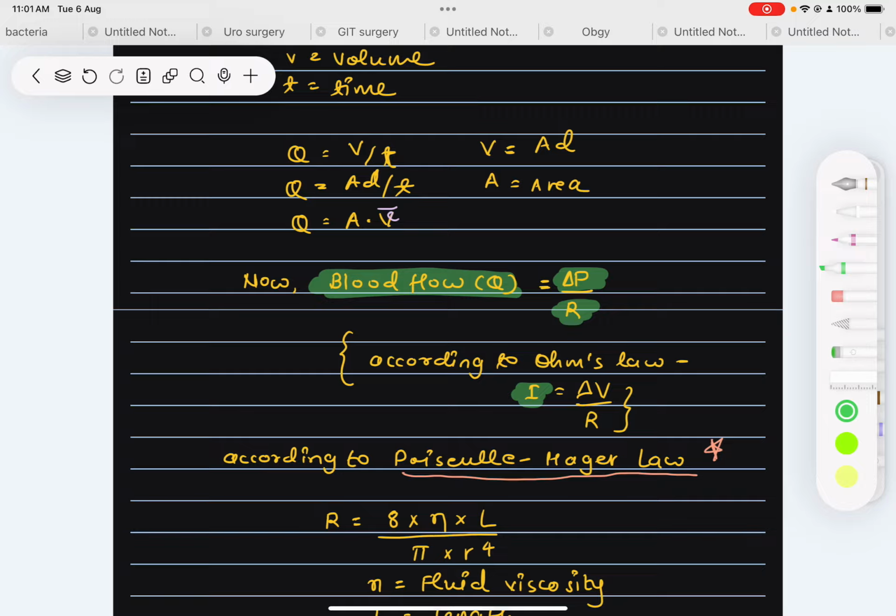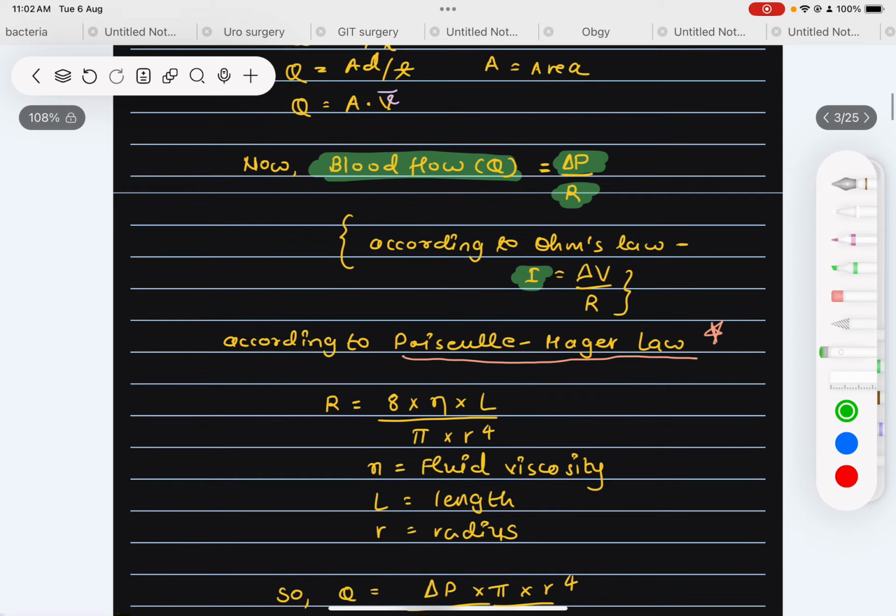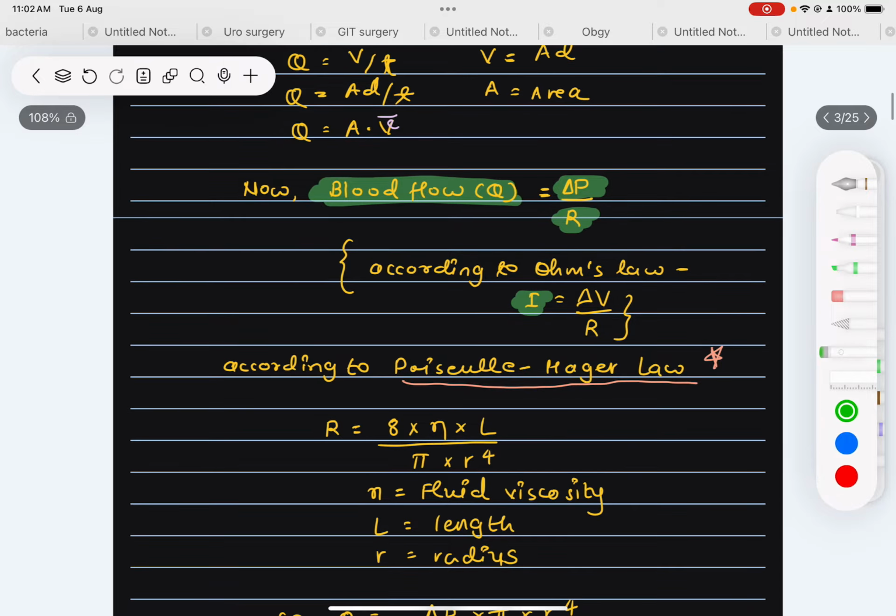So this is the Ohm equation, and from this we have derived this equation. The flow is the same as the current, the pressure difference is the voltage difference, and this is the resistance. So blood flow is equal to pressure difference upon the resistance.